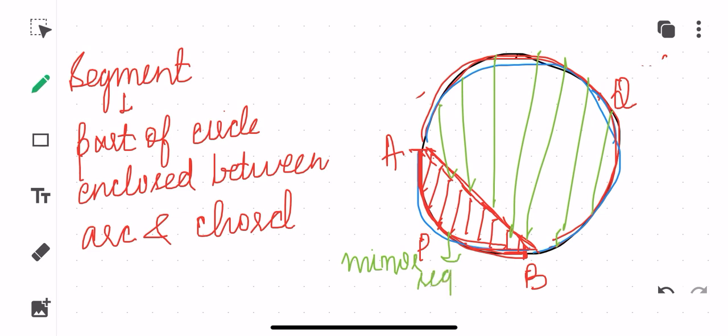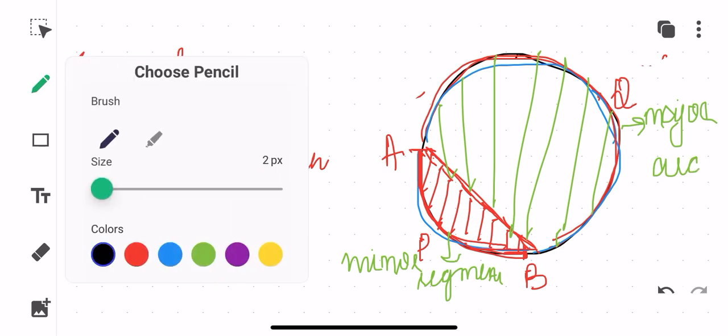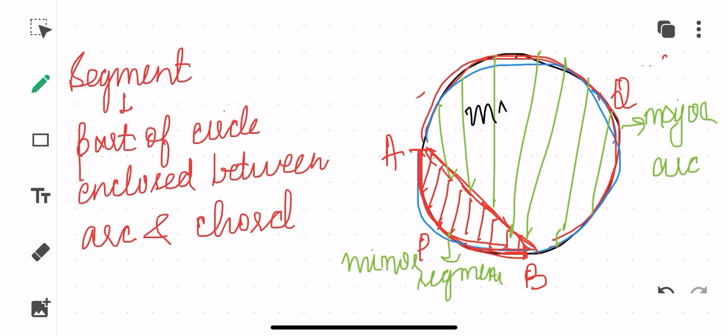Okay, and the part which is bound by a major arc, if you remember this outside one, this is called major arc. Okay, so the inside part which is there, children, this will be called as major segment. Okay, and then you have to remember one more thing, children, that unless and until specified, you will be taking any given segment as minor.